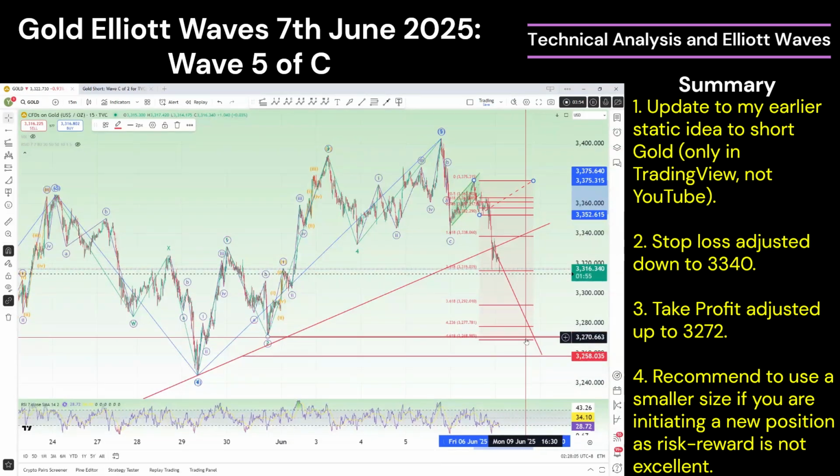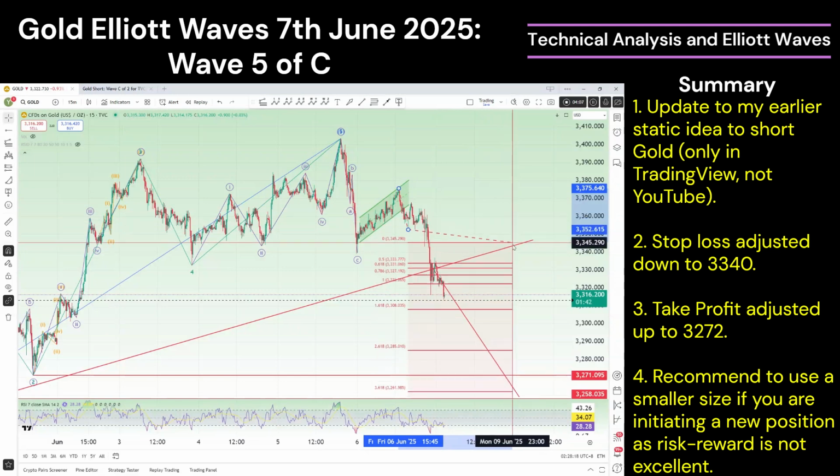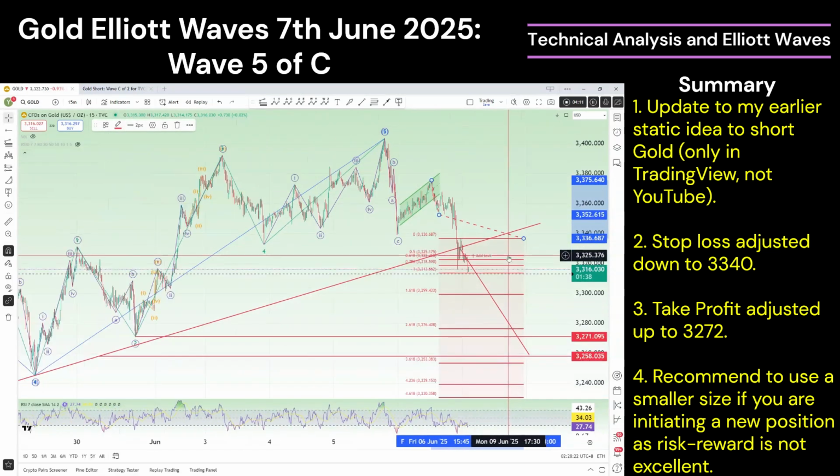We get somewhere 4.618, which is quite near to 3271, 3268 here. Let me see, if we put this down, oh, we have reached the target.